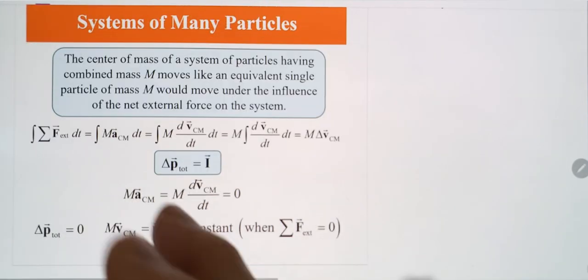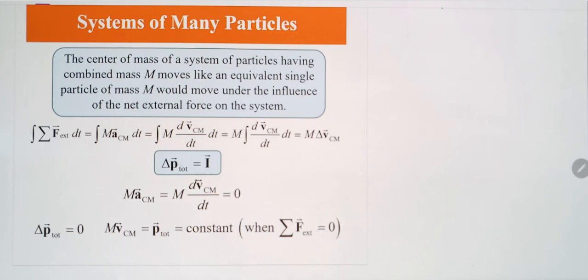So let me just finish this, and by this we finish chapter 9. We come to the same result that we started with. When the net external force is equal to 0, then the change of momentum is equal to 0.